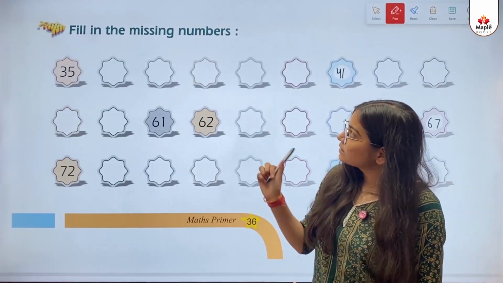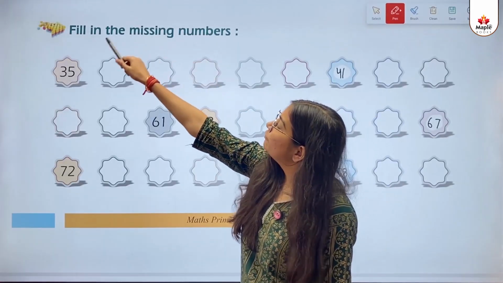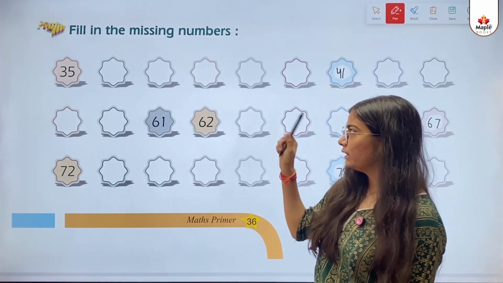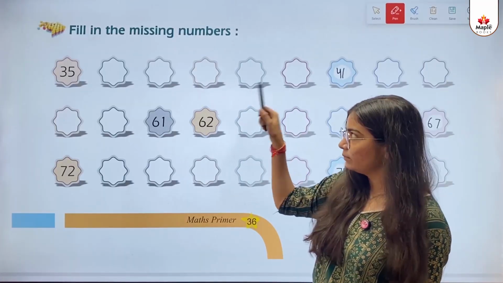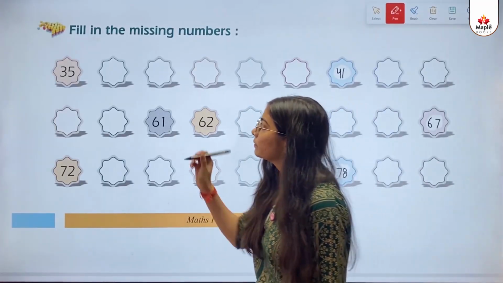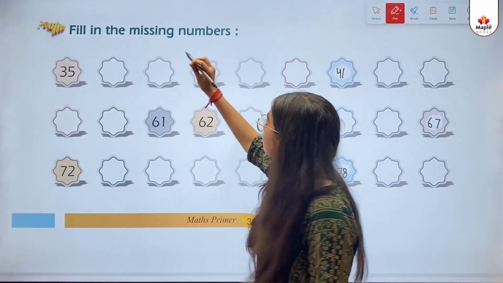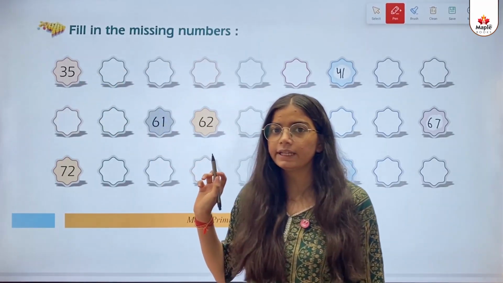So, in this question, we need to fill in the missing numbers. We need to fill the missing numbers in the given blank boxes. So, let's start. There is written 35. What comes after 35?